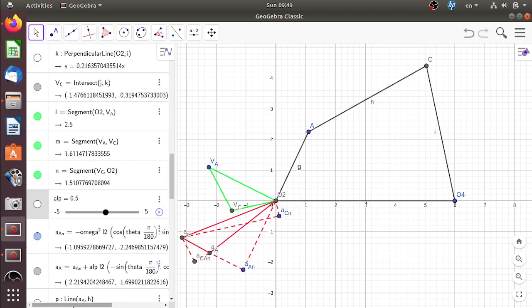I have to draw this perpendicular line segment from AN, therefore I have added AAN. If I make alpha 0, then AA and AAN will coincide. You can see that.